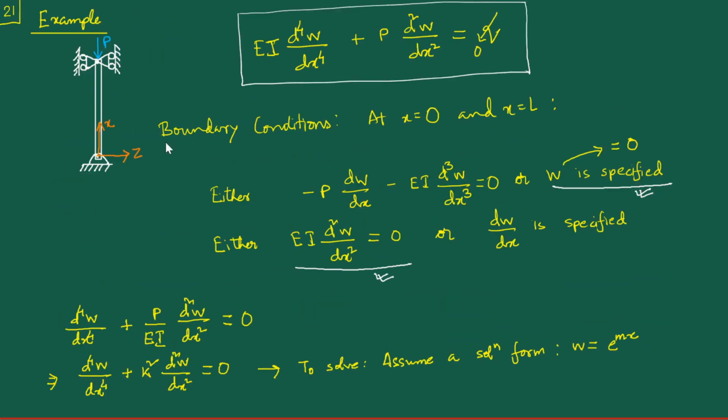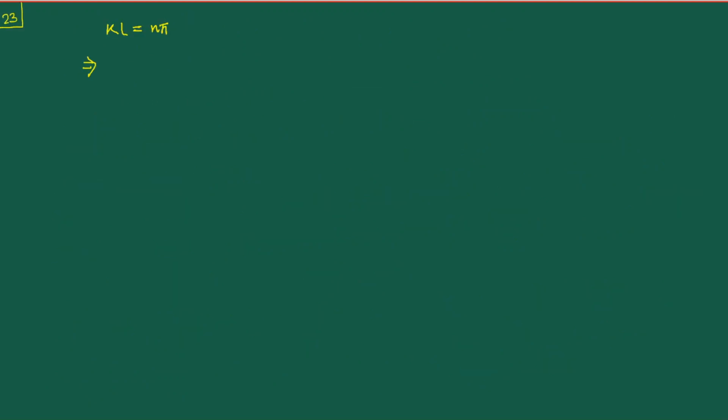We have arrived at this KL is equal to n pi. K, if you remember, this K square is equal to P by EI. So what we are going to do is to take the square of this.